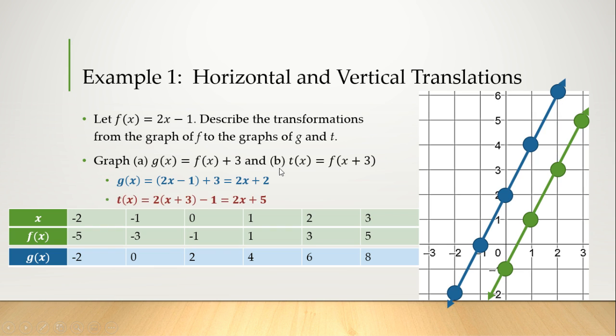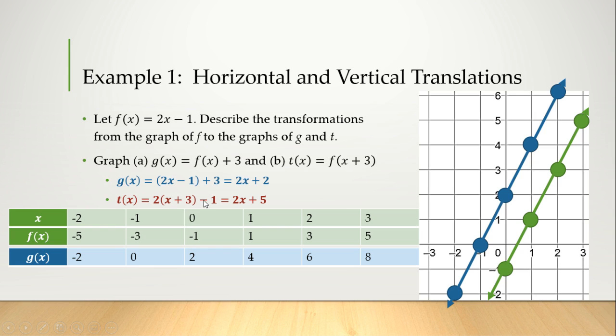T of x is going to work this way. Now, because we have x plus 3 inside the parentheses, we're going to change just x to x plus 3. So I've got my 2 times, and now rather than the x that was there before, I now change it to the x plus 3 we saw there, and that is because it was inside those parentheses.